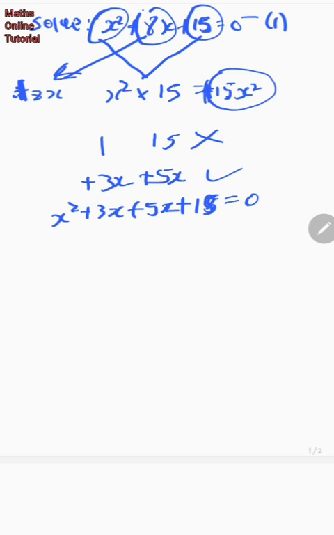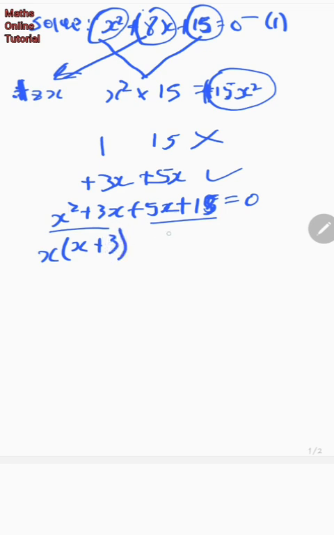Now we group the equation in twos, then factorize individually. The first group is x squared and 3x. What is common to x squared and 3x is x. We put the x outside the bracket, then divide the values by x. x squared divided by x is x, plus 3x divided by x is 3.